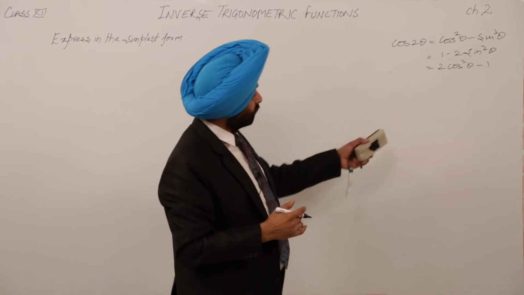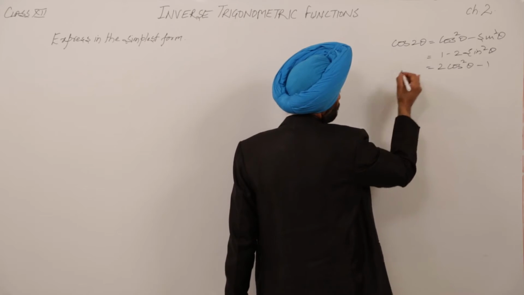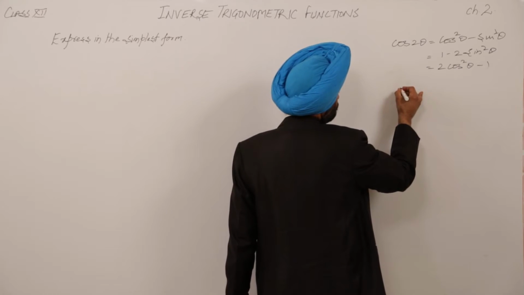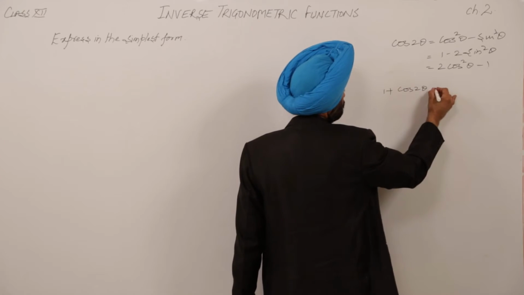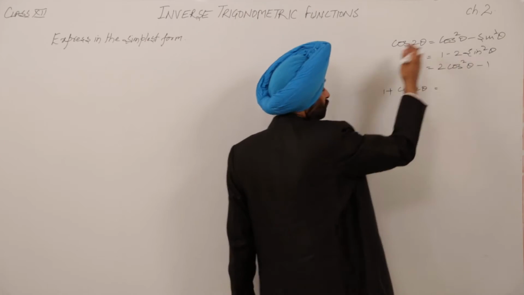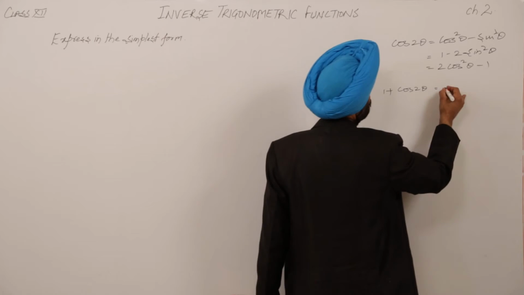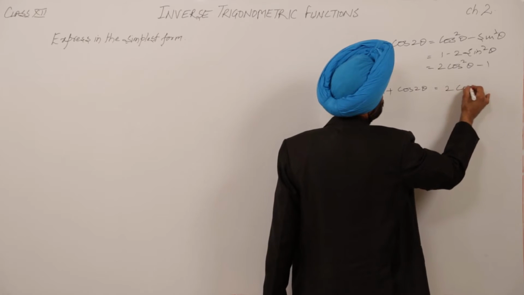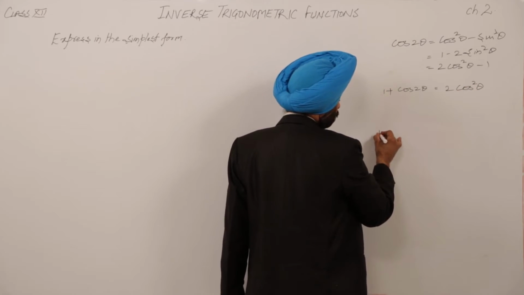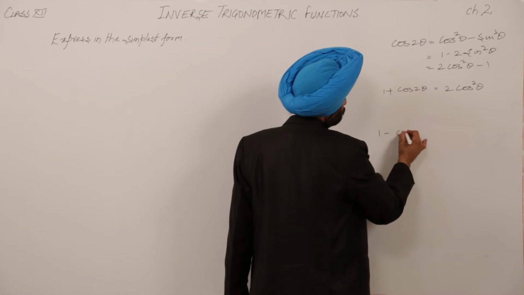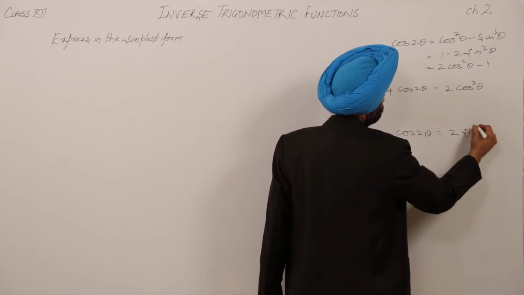Now from this formula only, for the last part, I am writing 1 plus cos 2 theta, because this minus 1 shifts to the left-hand side and becomes positive. So 1 plus cos 2 theta is equal to 2 cos square theta, and 1 minus cos 2 theta is equal to 2 sin square theta.